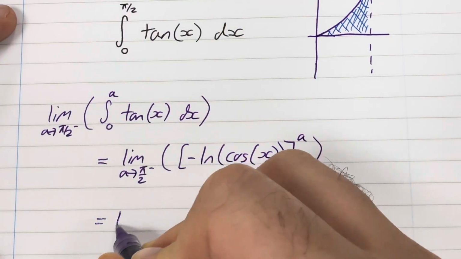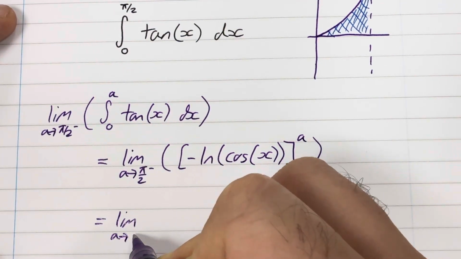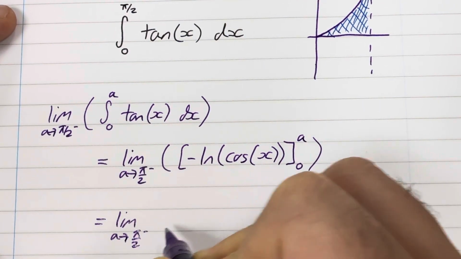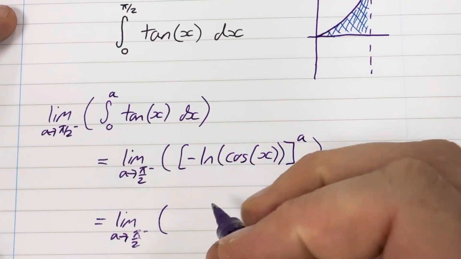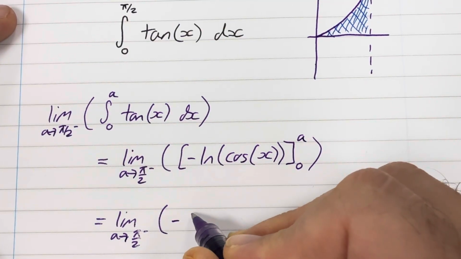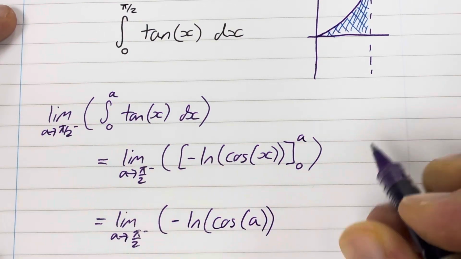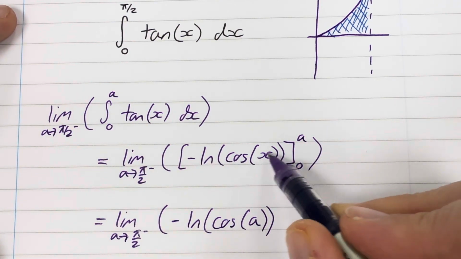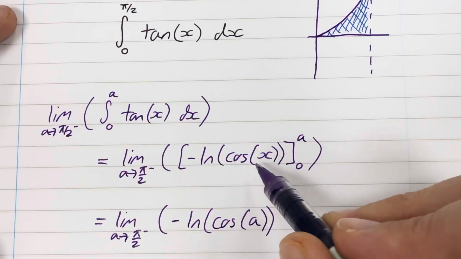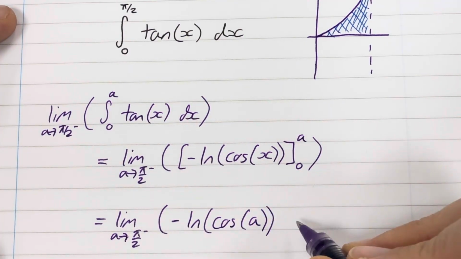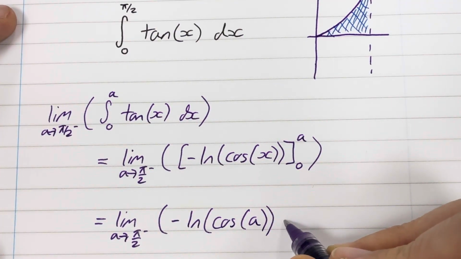And that's going to equal the limit as a tends to pi on 2 from below of, if I plug in a into there, I'm going to get minus log cos of a. If I plug in 0, that's going to be cos of 0, which is 1, and then log of 1, which is 0. So I get subtract negative 0, so plus 0.